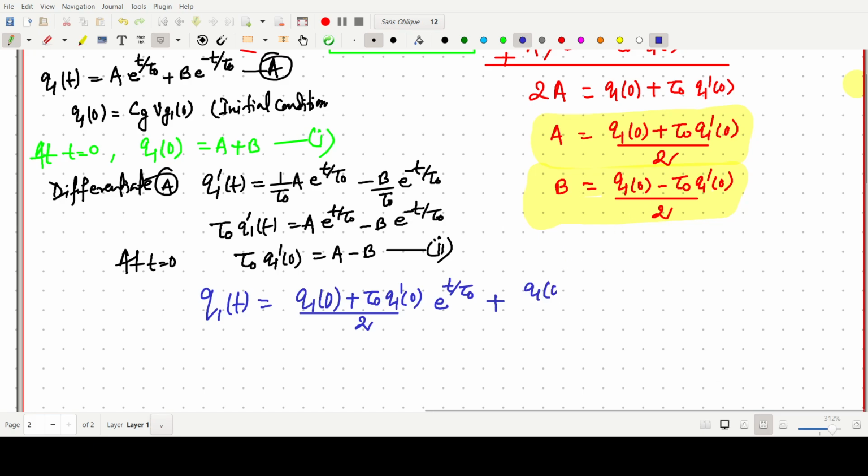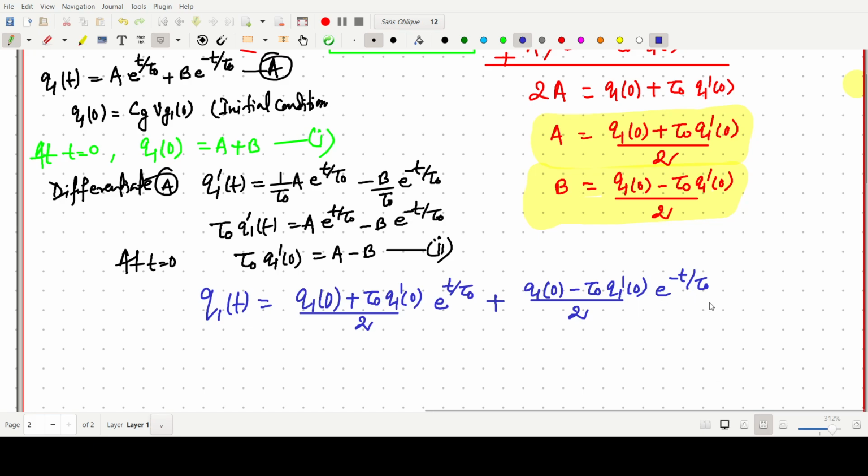So one can write Q1 0 minus tau naught Q1 dash 0. This is from the Kang book. You can also follow the Kang book for more detail. Okay, but this derivation is not there, so I am doing it.